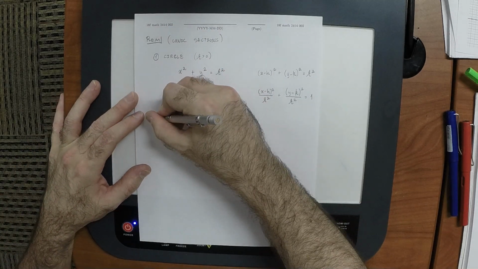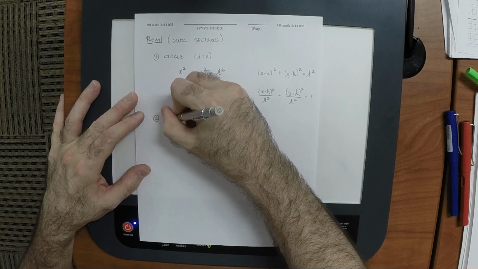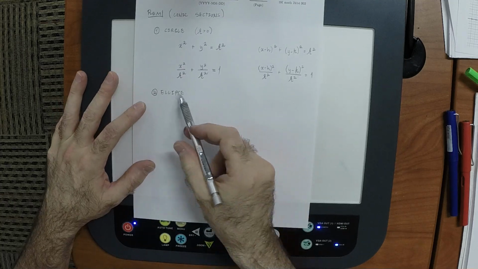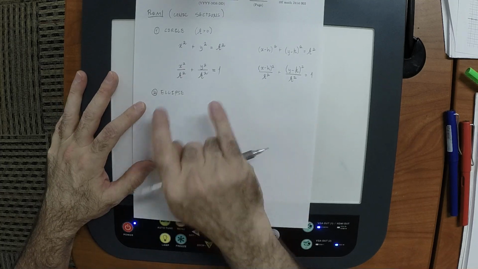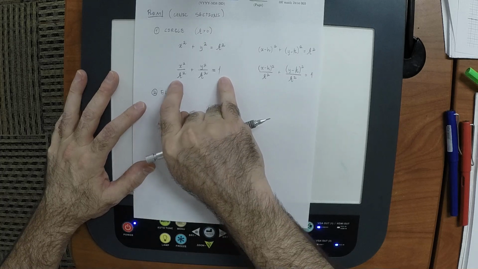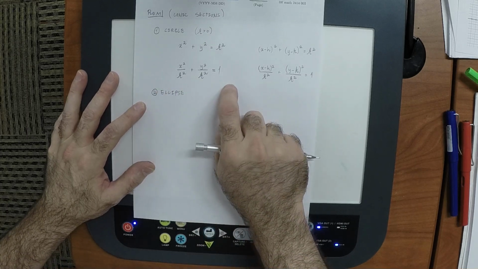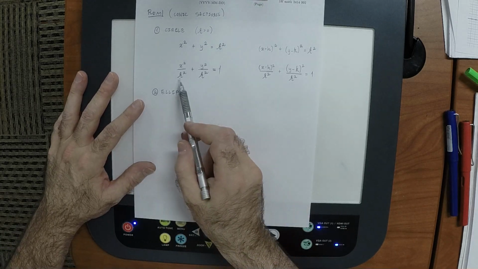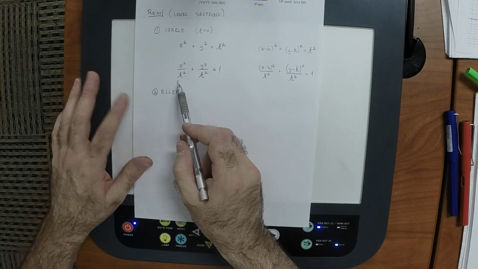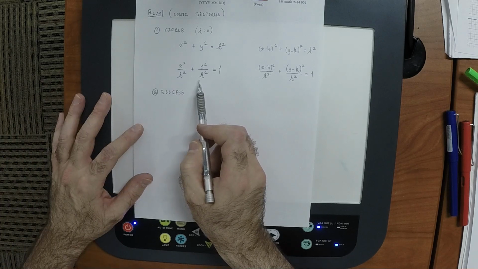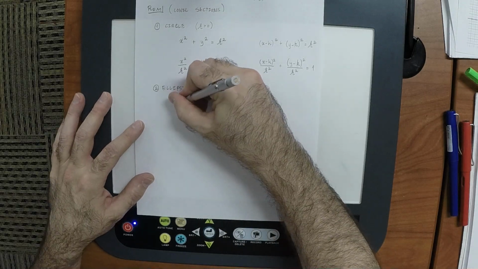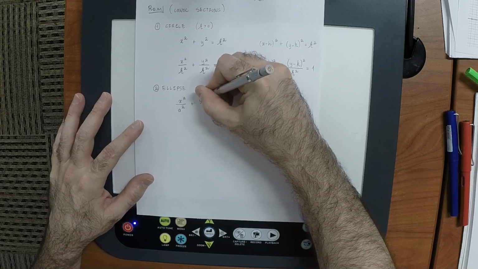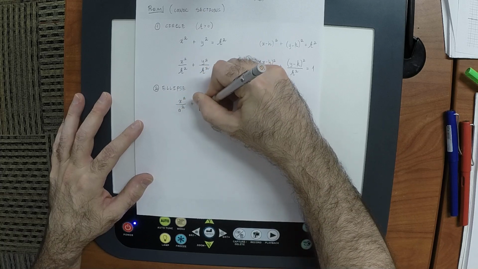So now, to have an ellipse, the way you do it is you take this strange-looking way to write the circle equation, and you change the radii so that this one will be some value squared, and this will be another value squared. So an ellipse is like this: x squared over a squared plus y squared over b squared is 1.